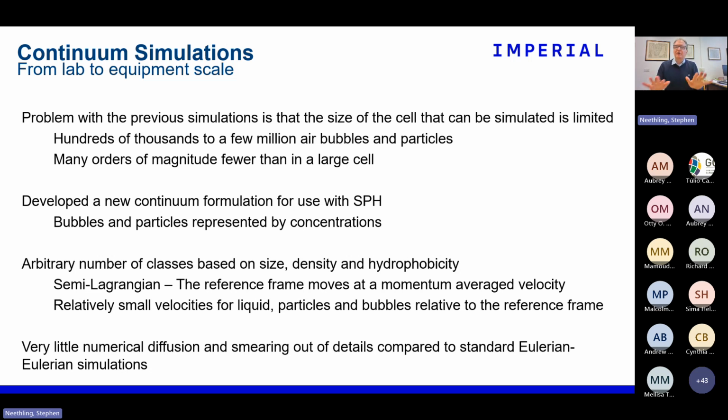And if you've got high velocities and your dispersion depends on the relative velocity between them, you've now got big errors in this relative velocity. Whereas in this simulation framework, I'm simulating the relative velocity to the reference frame. So these relative velocities are quite small, and the reference frame's motion is quite large. And so you actually get much less numerical dispersion than you would get in a traditional approach.